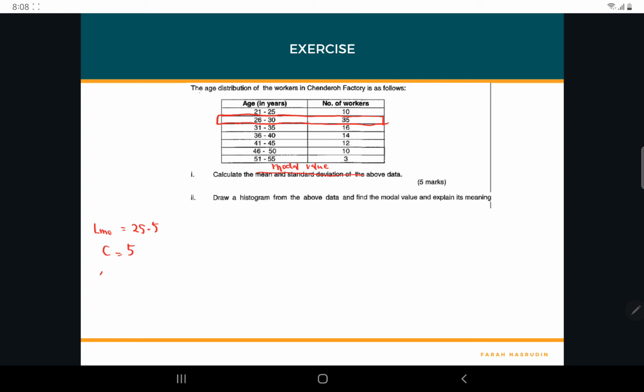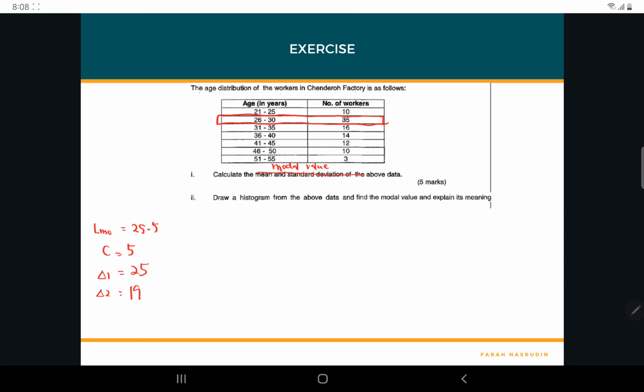And then difference 1 is the difference between the frequency of the mode class and the class before that. So 35 minus 10, 25. And difference 2 is the difference between the frequency of the mode class and the class after it. So 35 minus 16, so 19.